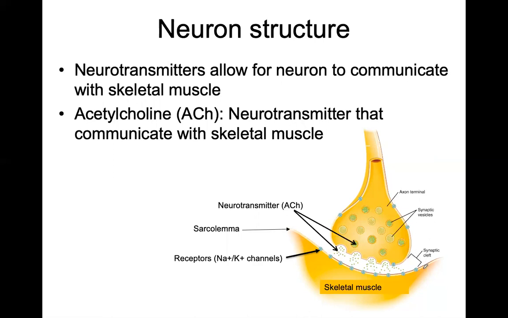The gap is still called the synaptic cleft, exactly like we discussed in the nervous system. The only new thing here is the type of channels present in the skeletal muscle. In the skeletal muscle, the only channels we have for neuron to muscle communication are sodium-potassium channels. Again, this should sound really familiar since we have discussed it in a lot more detail in the nervous system.